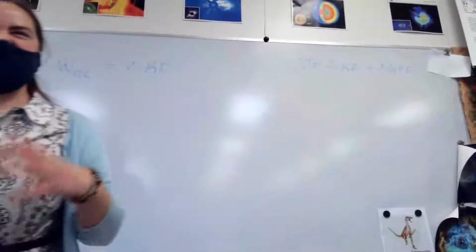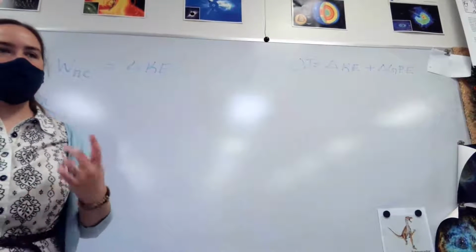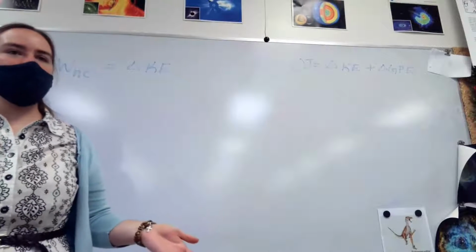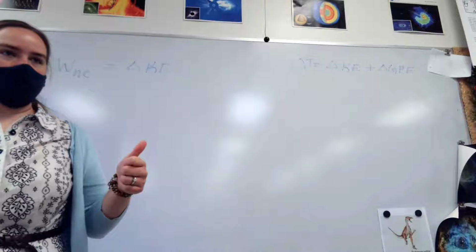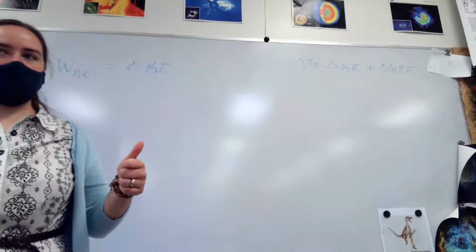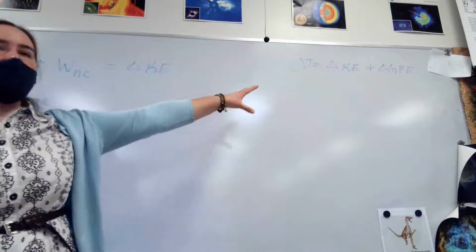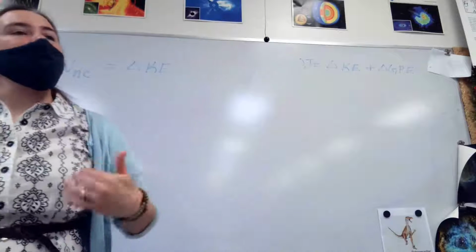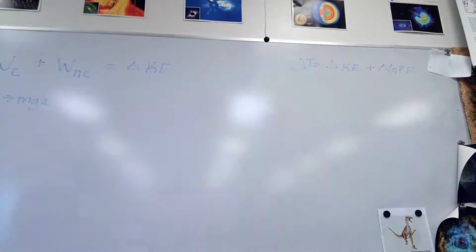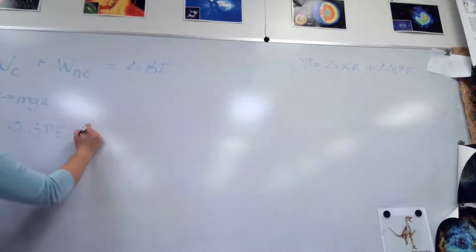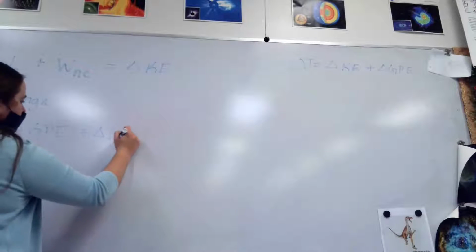So there is going to be a little bit of a negative sign difference between those two, but it's almost the same thing, right? Yeah. Okay. So we have that. What we have now is going to end up being our non-conservative work is going to equal the change in gravitational potential energy plus our change in kinetic energy.